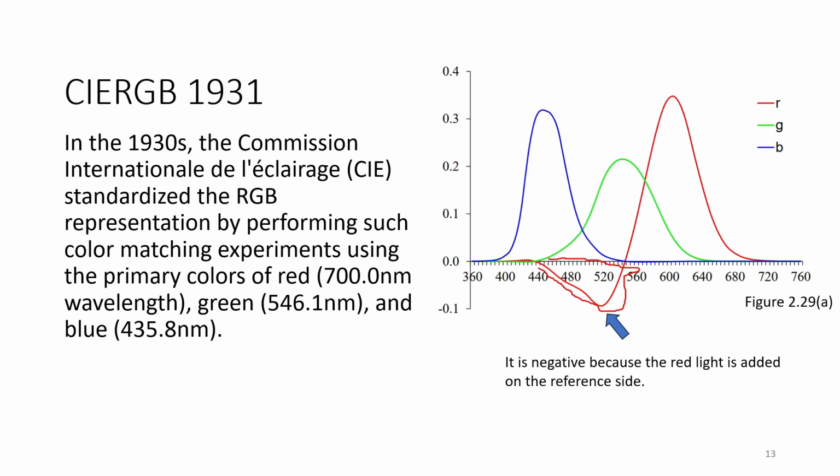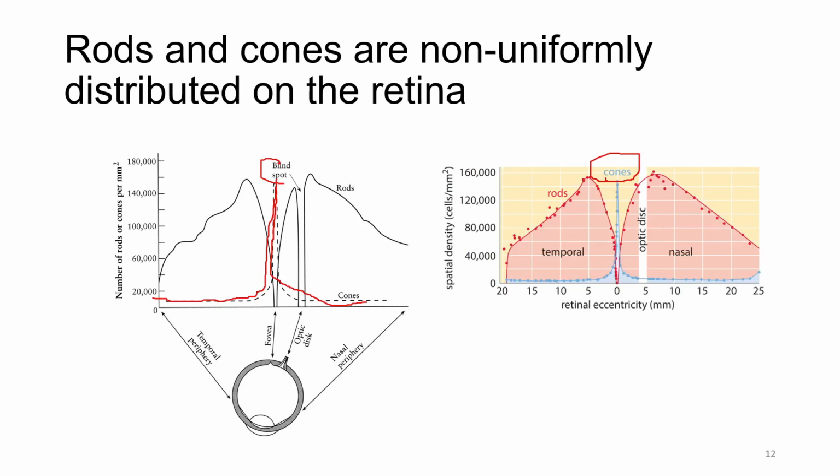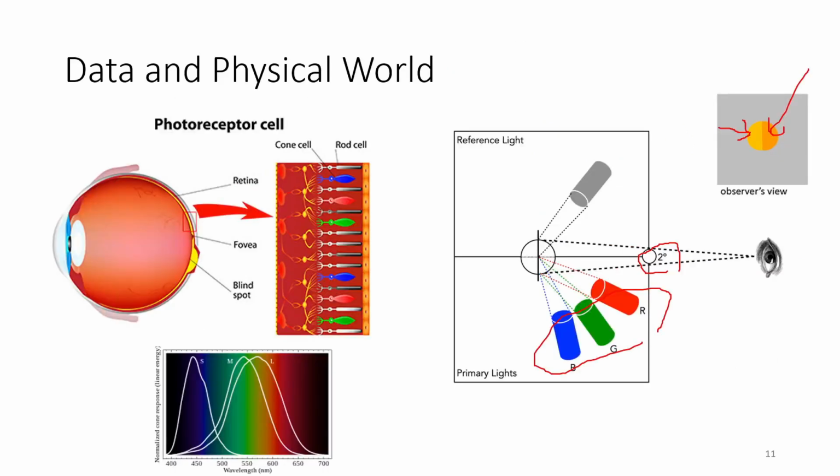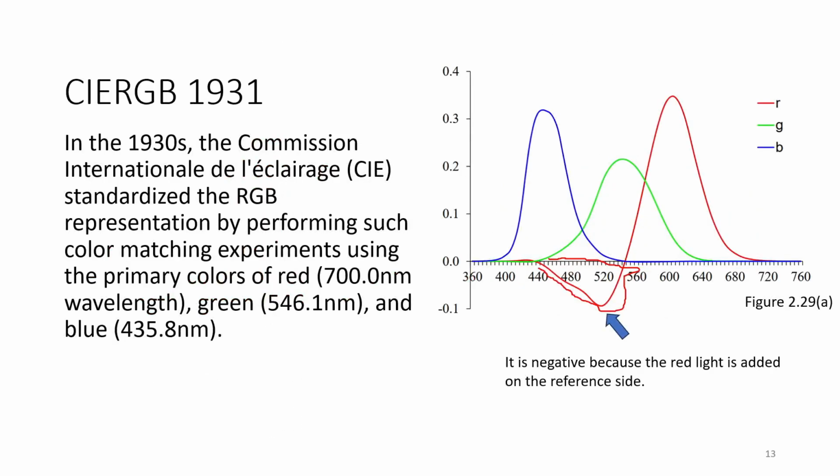What does it mean? It means you cannot add the red color on this side. You can only add the red color on the other side, so the colors on the 2 sides can be balanced.